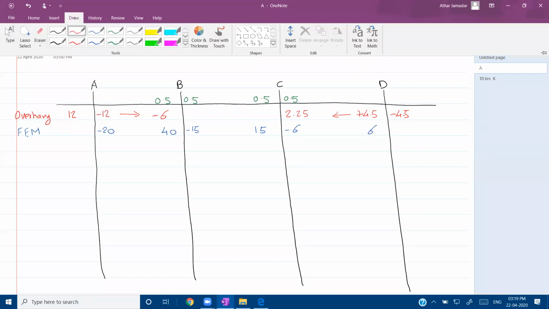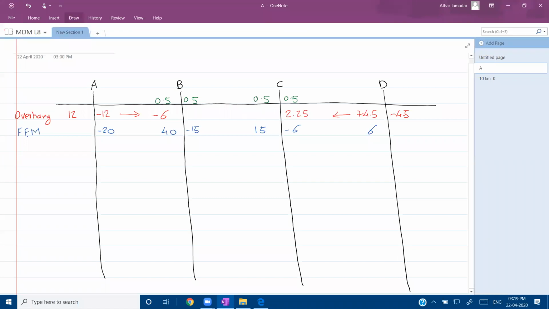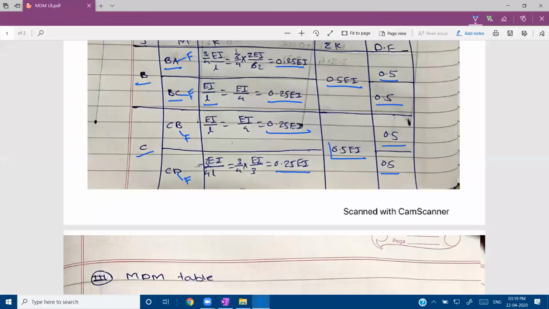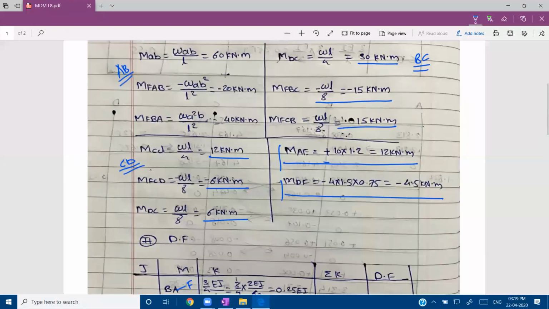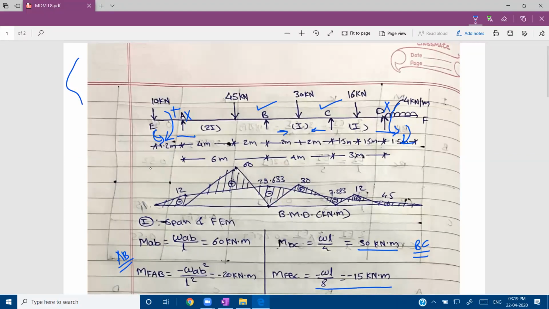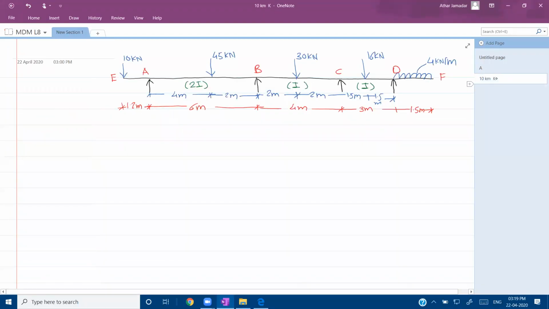Now we have written down all the fixed end moments. Now after writing down the fixed end moments, as per our usual procedure, if we observe the original problem, support A and support D, these both are end simple supports. So as end simple supports are present, we have to apply end correction here.